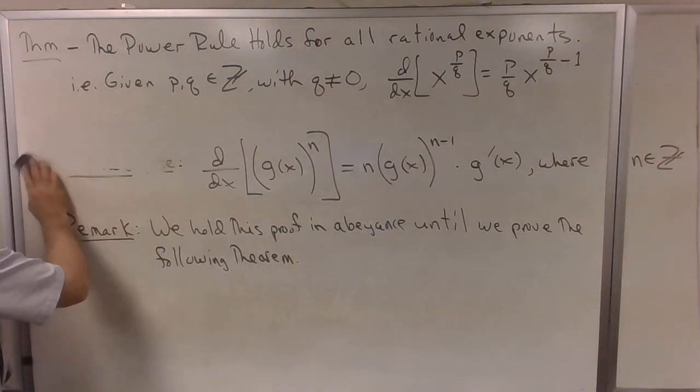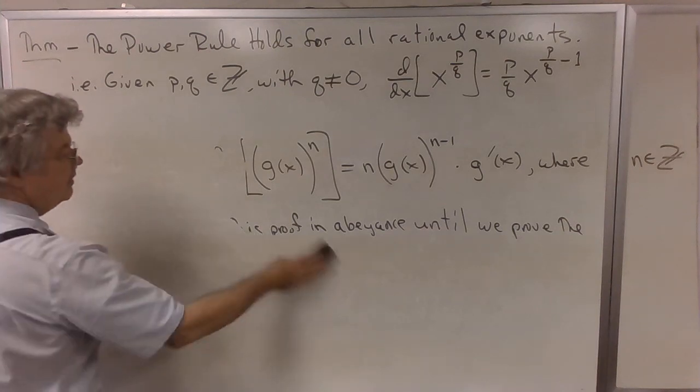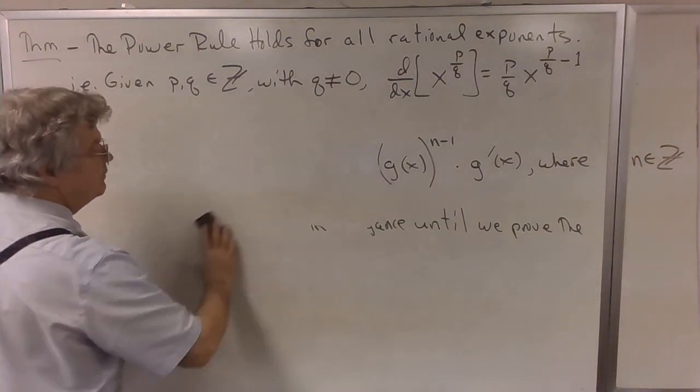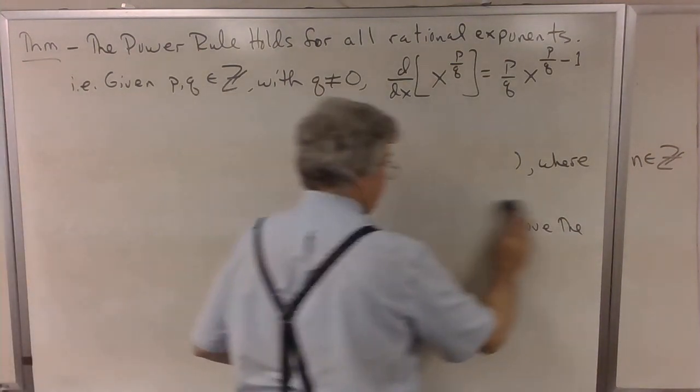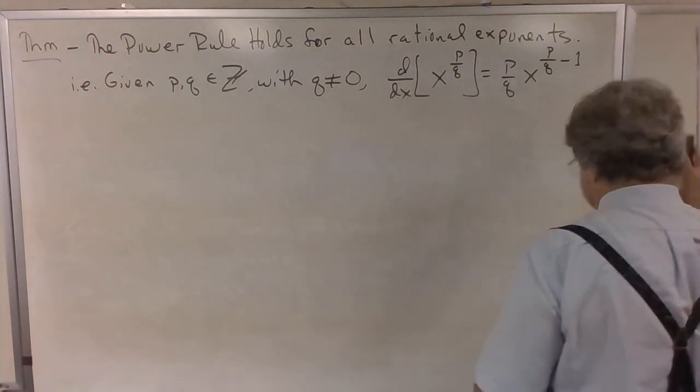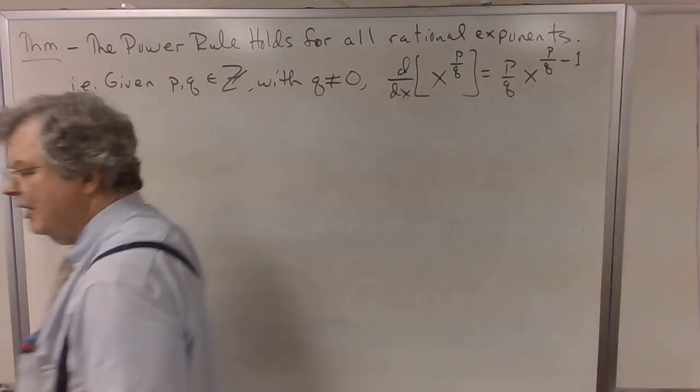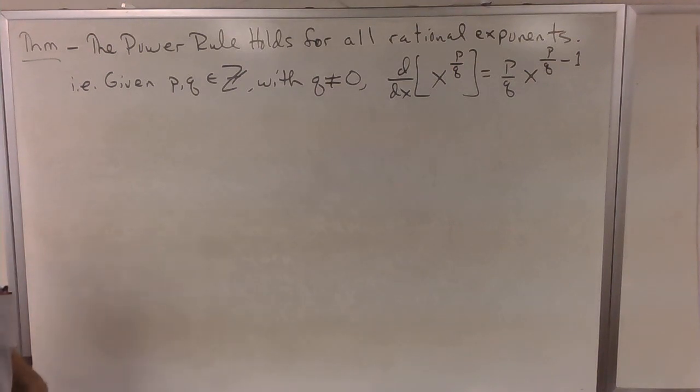We've proved that the power rule holds for all integer exponents. Our next step is going to be to prove that it holds for all rational exponents.